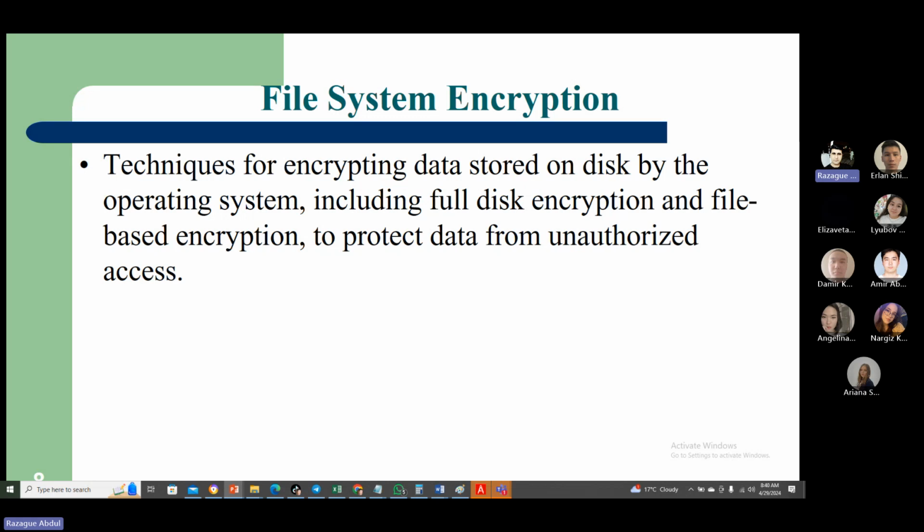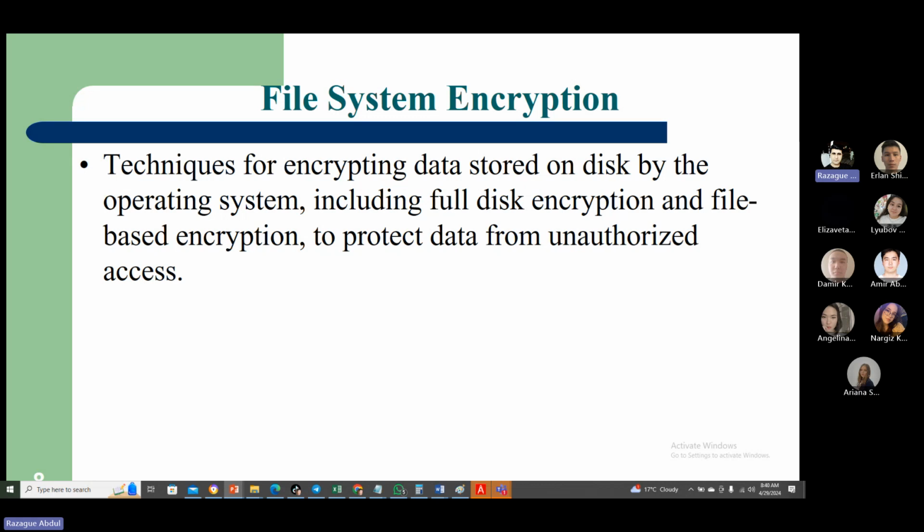Managing encryption keys, especially in a large or dynamic environment, can be complex and requires robust security practices. And the third concern is data recovery. Encrypted data can be difficult or impossible to recover without the correct keys, raising the stakes for key backup and disaster recovery planning.